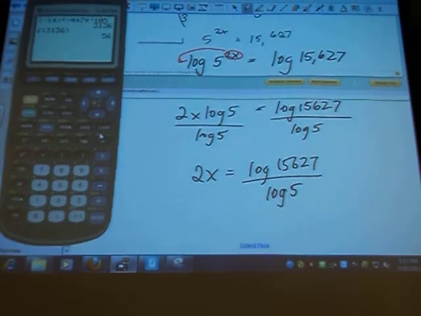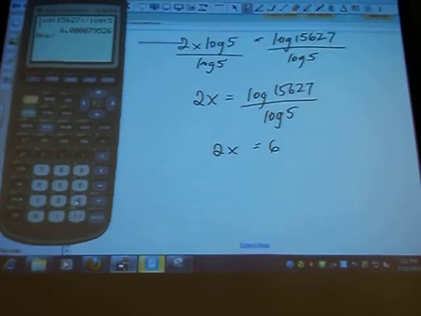We need two sets of parentheses there: log 15/627, close parentheses, divide by log 5, close parentheses, and then divide that by 2. So I get 2x is about 6.40. So x equals about 3.